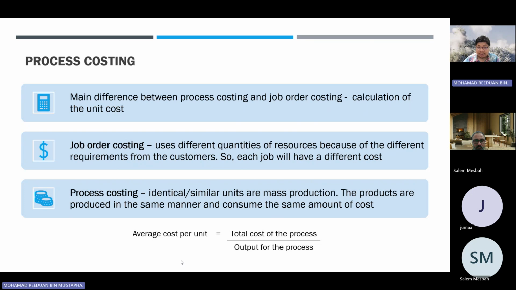Whereas in process costing, identical or similar units are mass produced. That's why you ask, can you follow just in time? You cannot. You're not producing a car or equipment, where when demand is there, you can then order. You know the demand is there, but you don't know how many people will order, so you produce based on the planning of what you're supposed to produce.